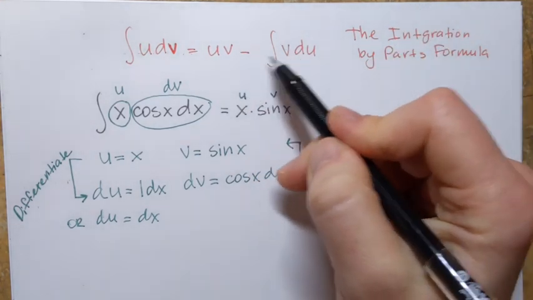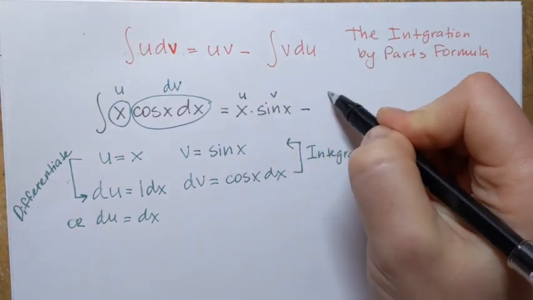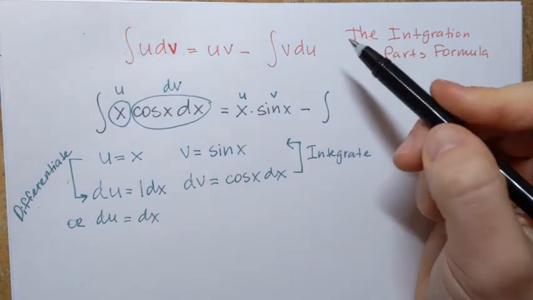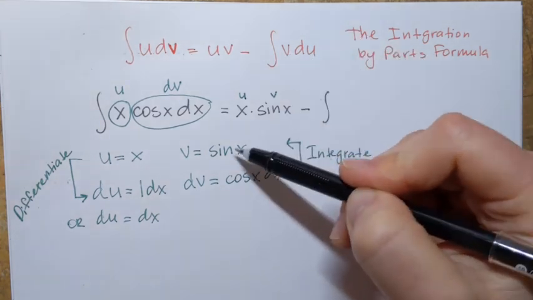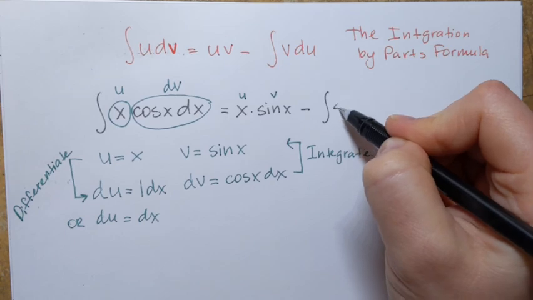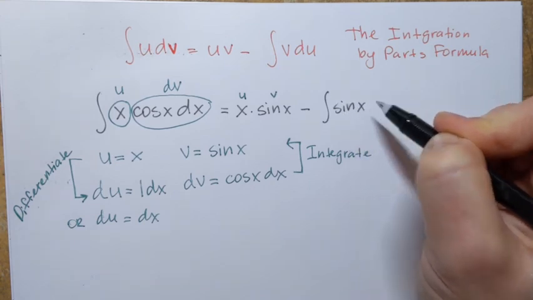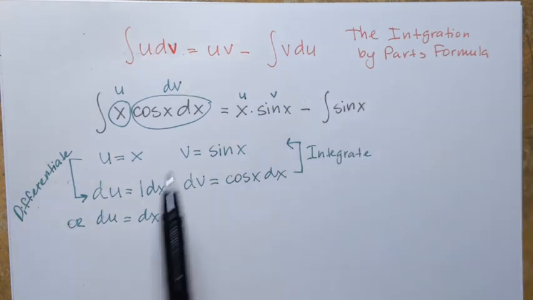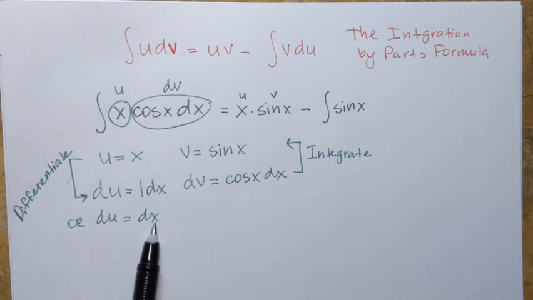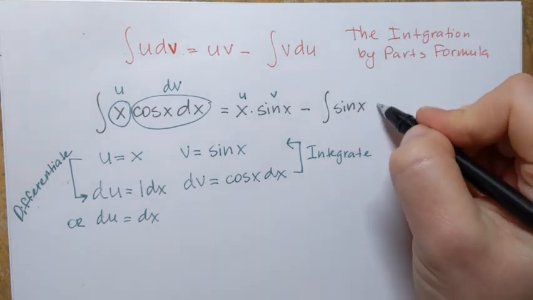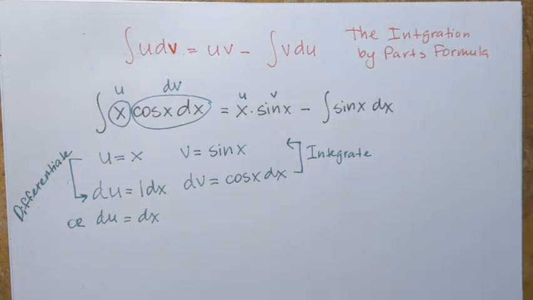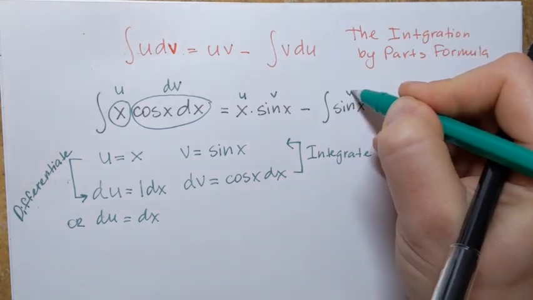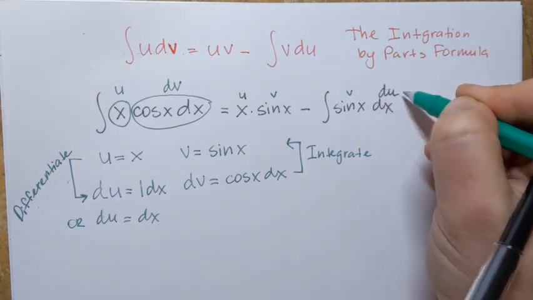And then I'll continue here with minus integral. Within that integral I should put v, which is sine x, and du. Well, what is du? du is the same as dx in this case, so it's just dx. That is v, and that is du.